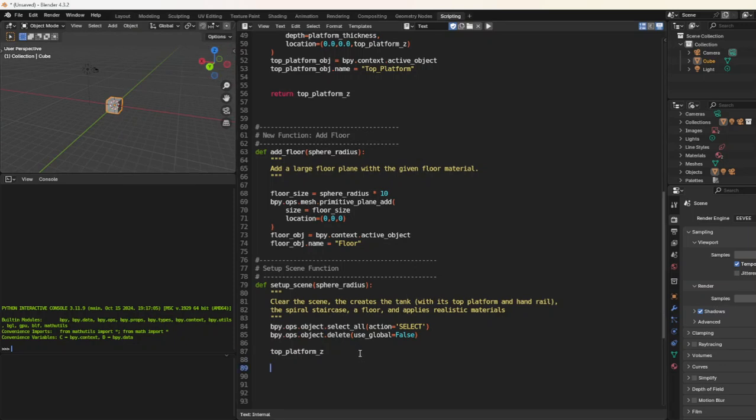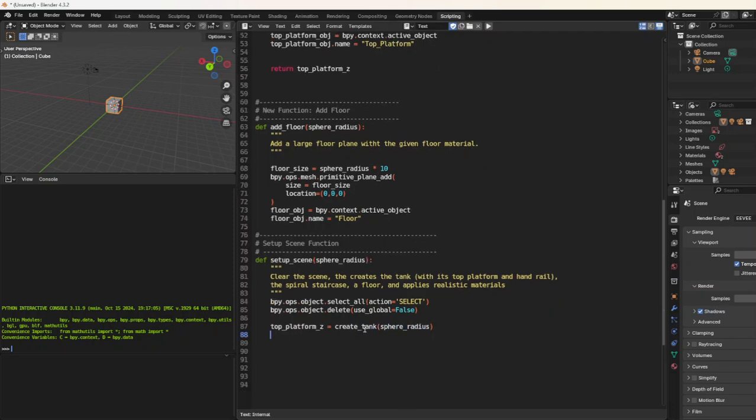Okay, create tank using top platform z, and then we'll have to add a bit more stuff, and then we can run it.